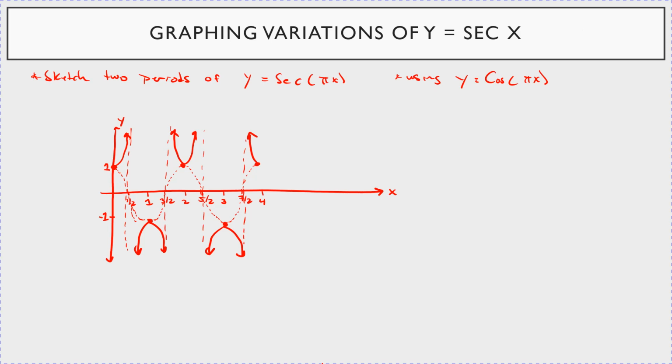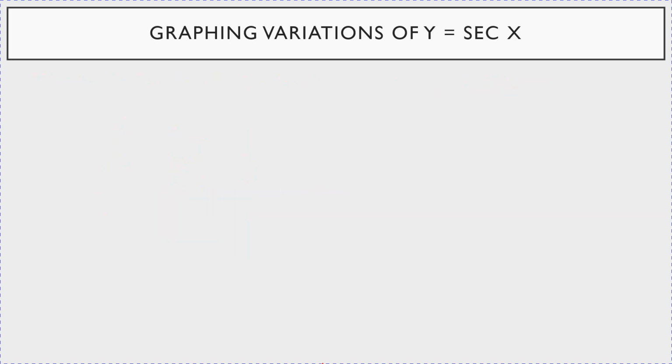All right, let's end by doing one with a phase shift, okay? So let's sketch 2 periods of y is equal to 2 times secant of x plus pi over 2. All right, now remember, whenever you see this plus in here, you're going to really want to rewrite it as 2 times secant of x minus pi over 2.